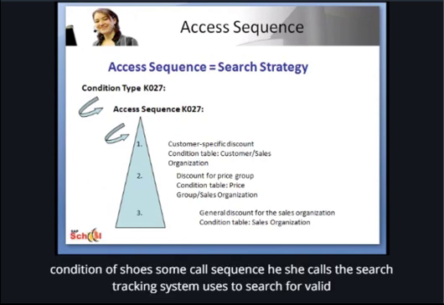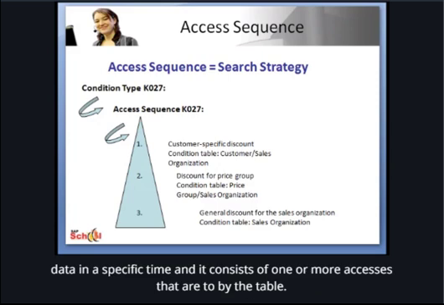Condition types use something called the access sequence. The access sequence is essentially a search strategy that the system uses to search for valid data in a specific condition type, and it consists of one or more accesses that are each defined by specifying a condition table.